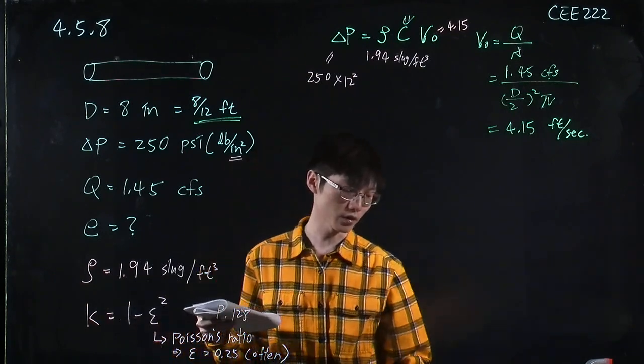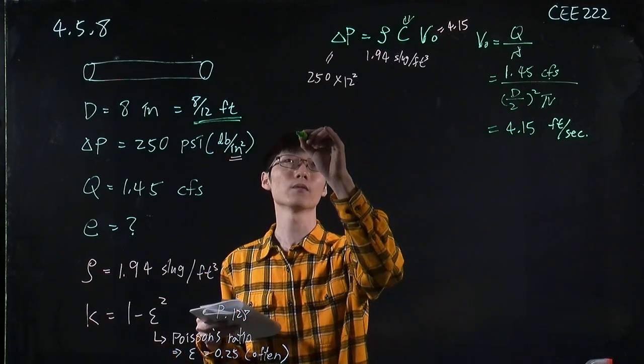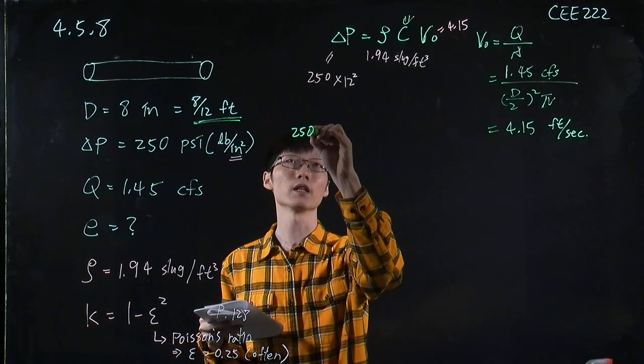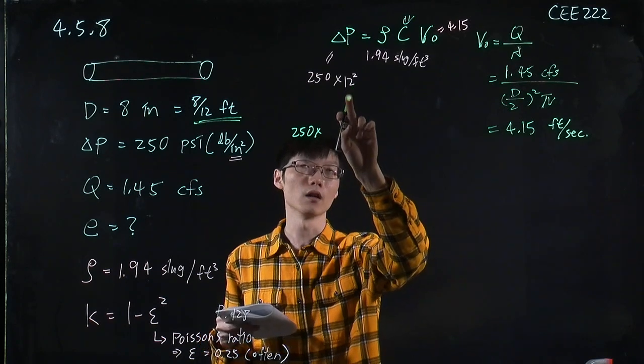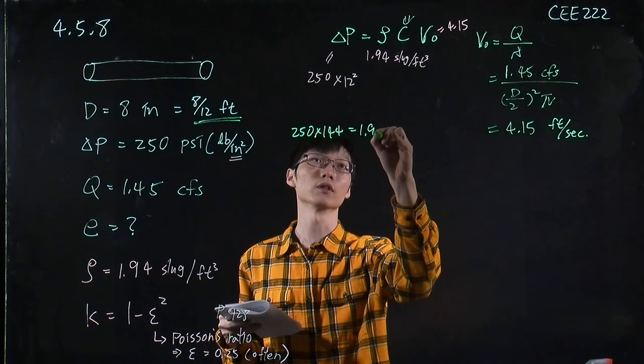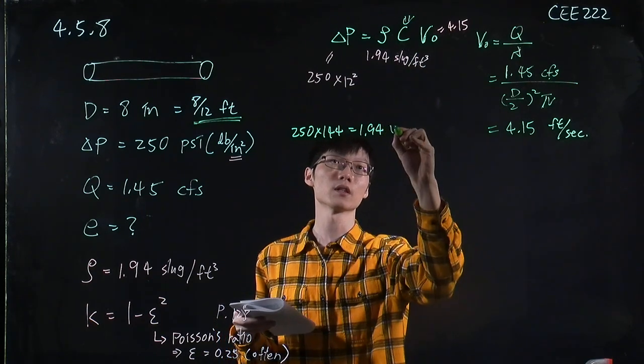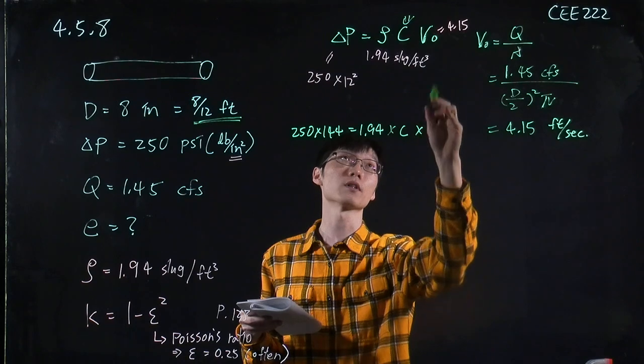So 250 times 12 squared, which is 144, equals 1.94 times C times the velocity.